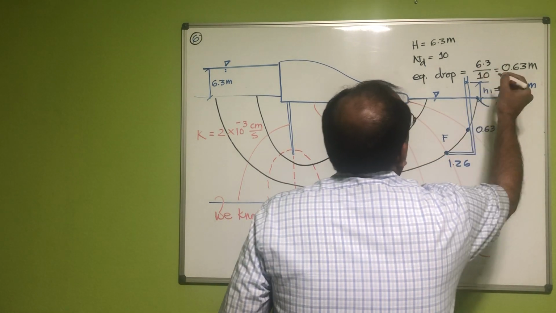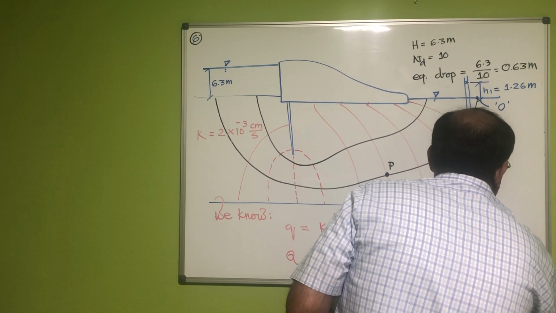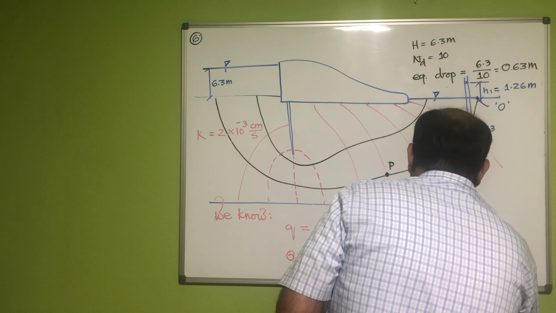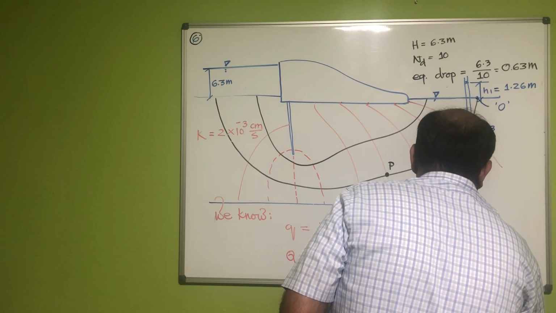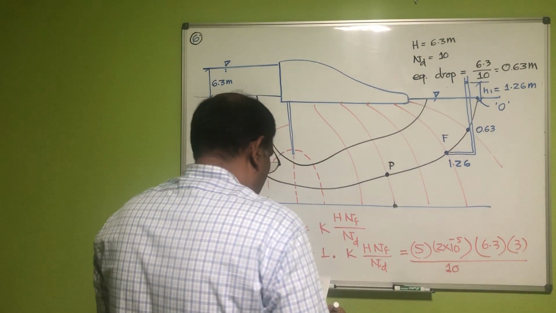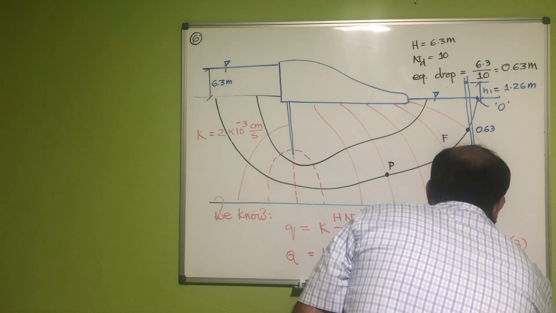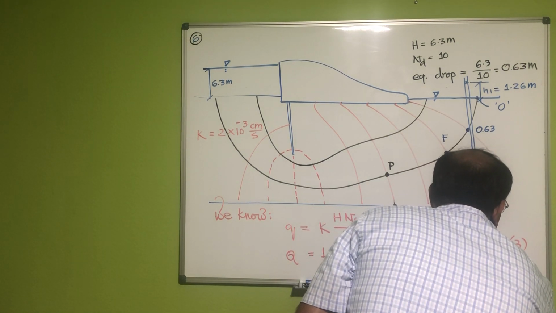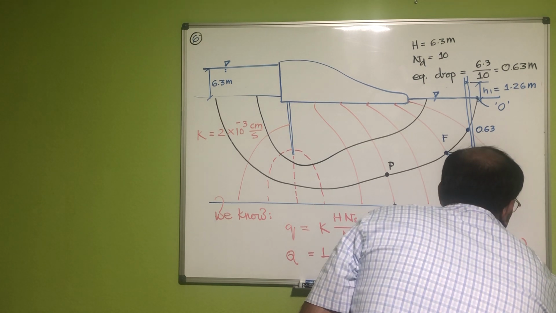So H is actually 6.3 meter, and then 3, total number of equipotential drops is 10. So that would give you your Q, which is actually 16.36 meter cube.